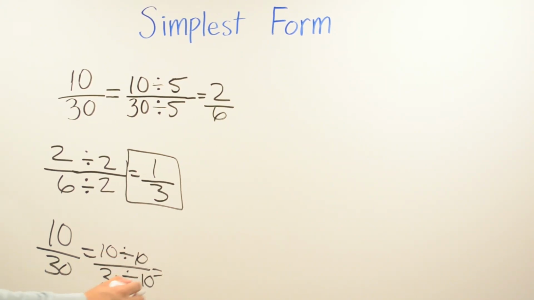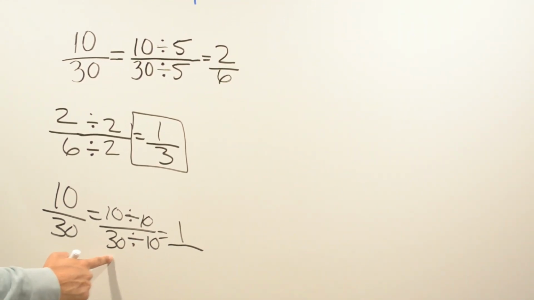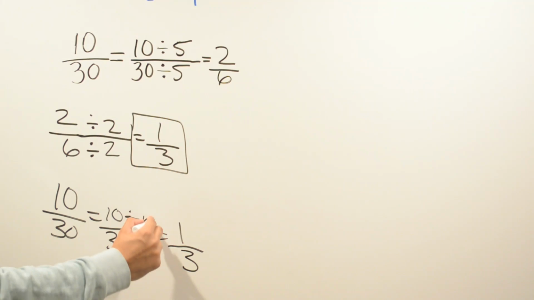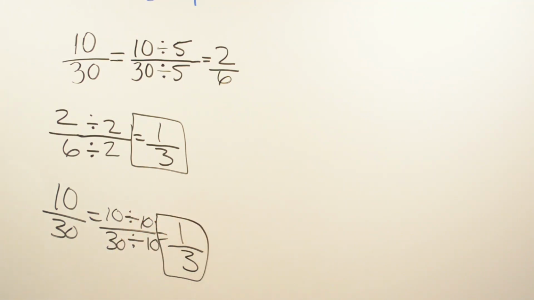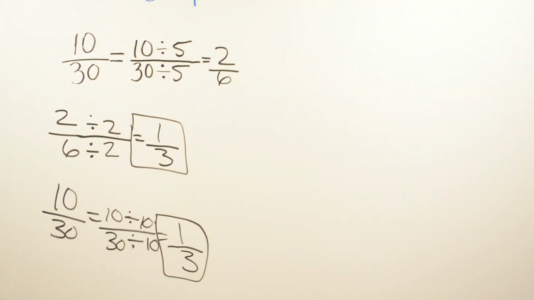So 10 goes into 10 1 time, then 10 goes into 30 3 times. You got the same answer right away. You did an extra step on the first one because I knew right away that 10 goes into both. If you don't know, you can use that as well. You're going to get the same answer.